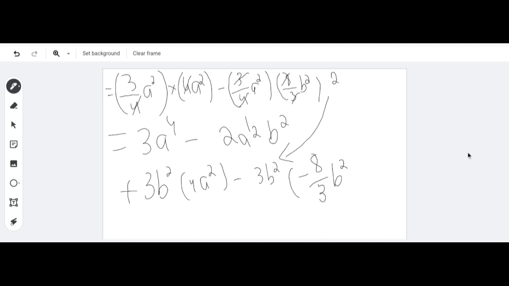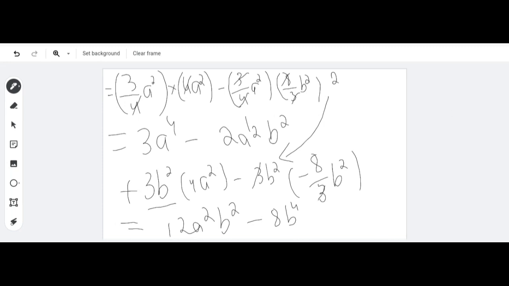It will give 3 into 4, 12 a square b square, and then the minus will remain here. Now the 3 cancels. I have only minus 8 b power 4.